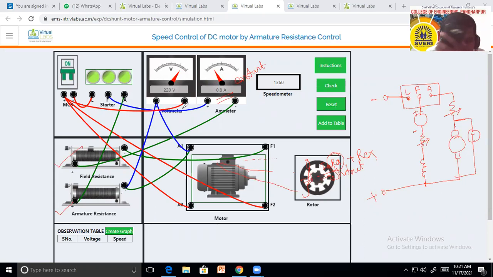Is there any change in the field current if I vary the armature resistance?